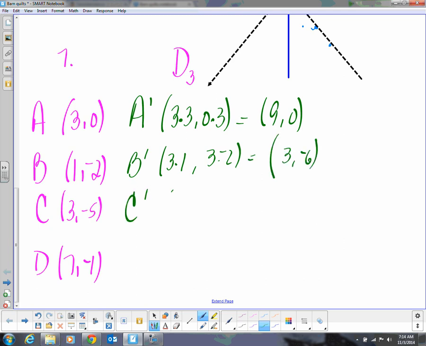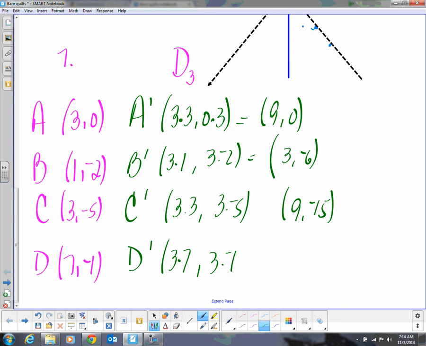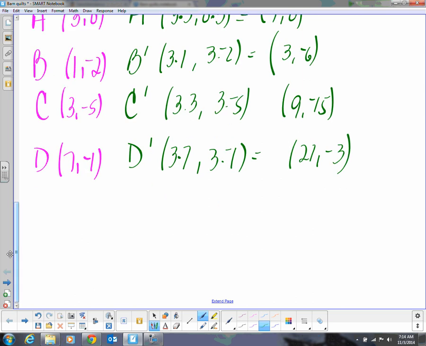Then C prime is 3 times 3 and 3 times -5, which is 9, -15. And D prime is 3 times 7, 3 times -1, which is 21, -3. And then what do you do to those four ordered pairs? Graph them. That should be a whole lot bigger than what this was. So you can see that it takes a lot of graph paper. It's a problem with dilations, especially if they're not fractions.